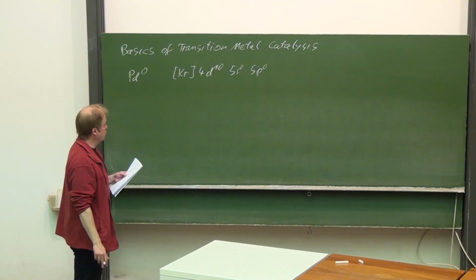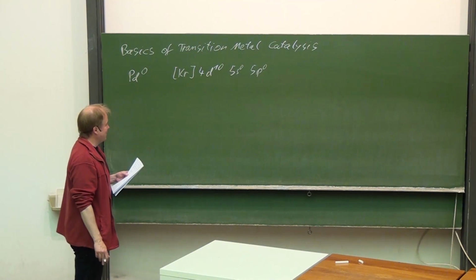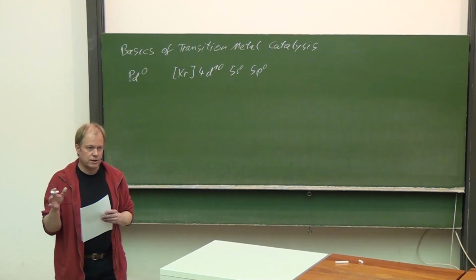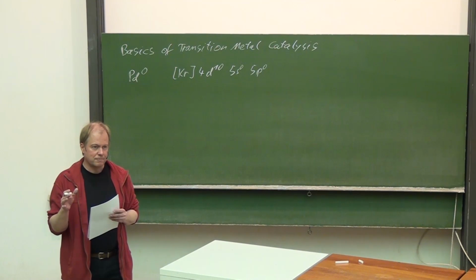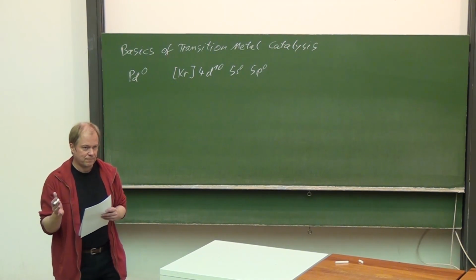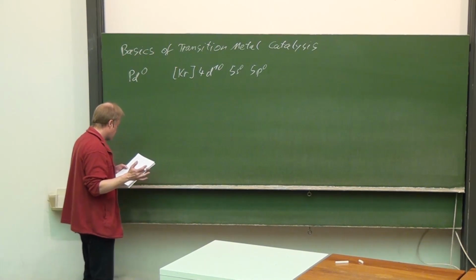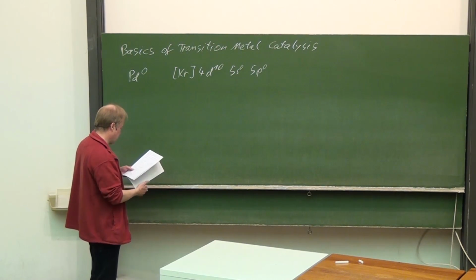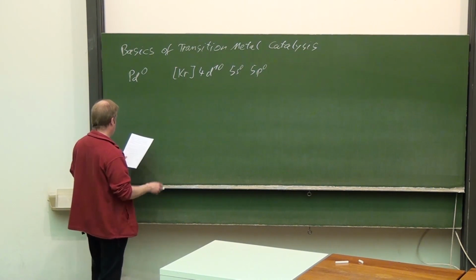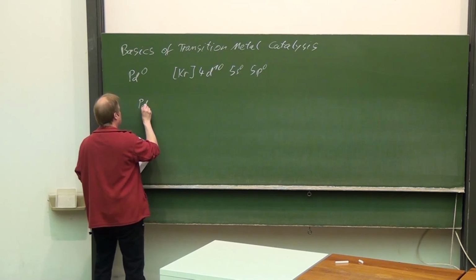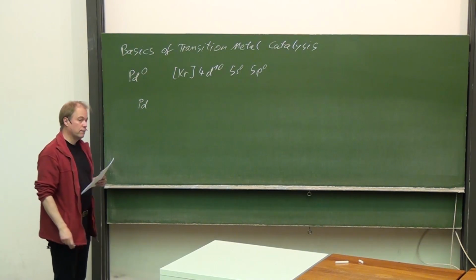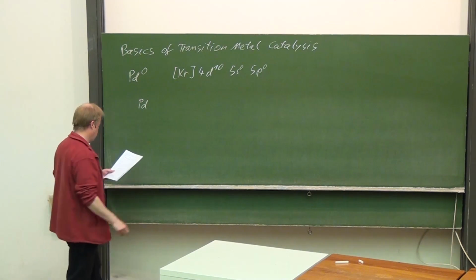Then we have the electron configuration of xenon, and this must not necessarily be very stable, but it is clearly saturated. So for palladium 0, there is a rather common complex with phosphines, triphenylphosphines.